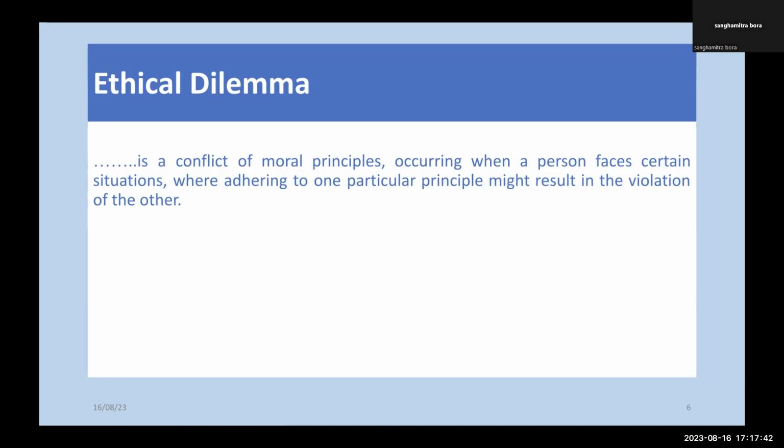But when we are faced with dilemmas, it is on our skills, it is on our best judgment what to follow. And having said this, we will need to justify why we have actually followed one particular principle surpassing the other.